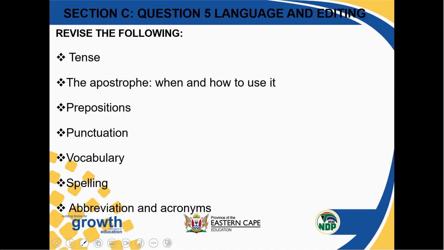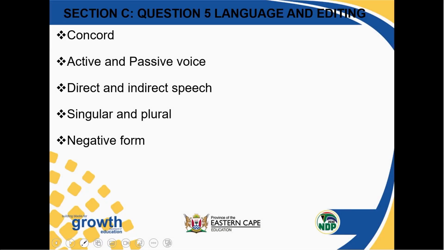Right, your vocabulary, your spelling, your abbreviations and acronyms. You must know the difference between an abbreviation and an acronym, because you'll be required maybe to give an acronym or to give an abbreviation. Now, you also need to take note of a concord.